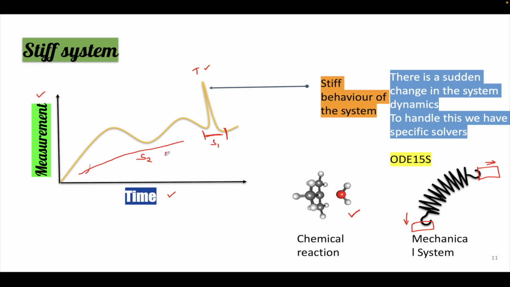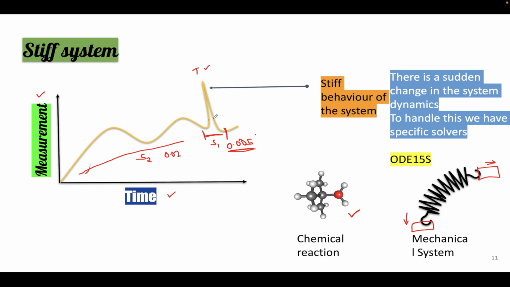Suppose here the sample time is 0.02, then here it could be 0.0005. This is a very high reduction in the sampling time.